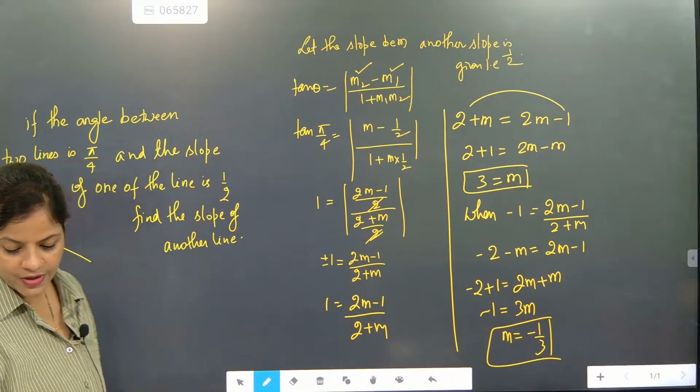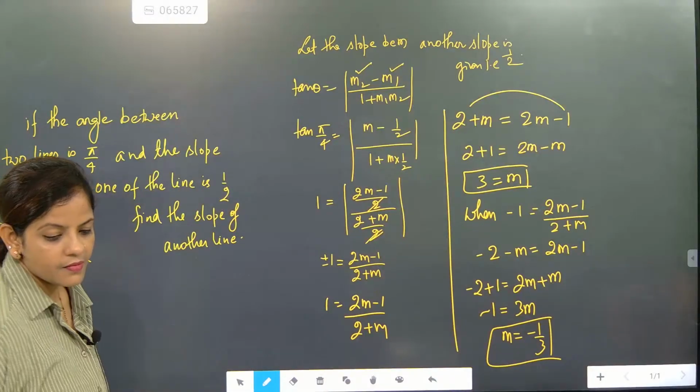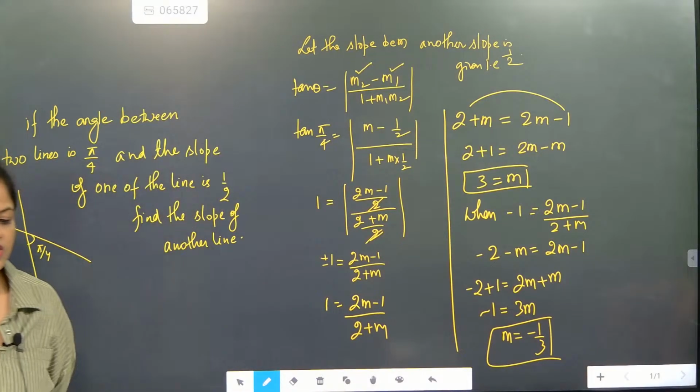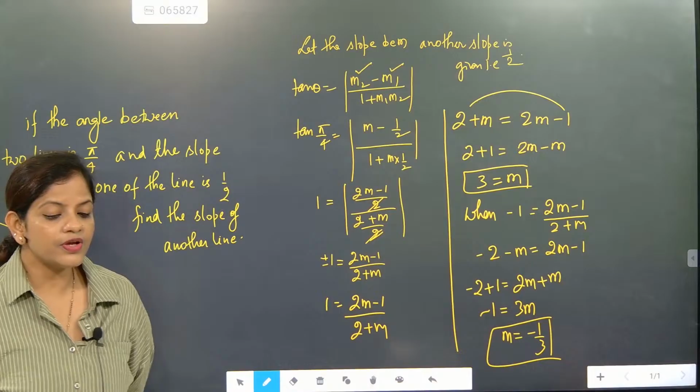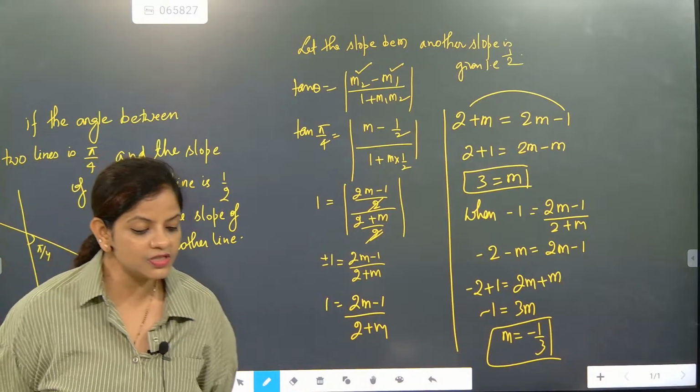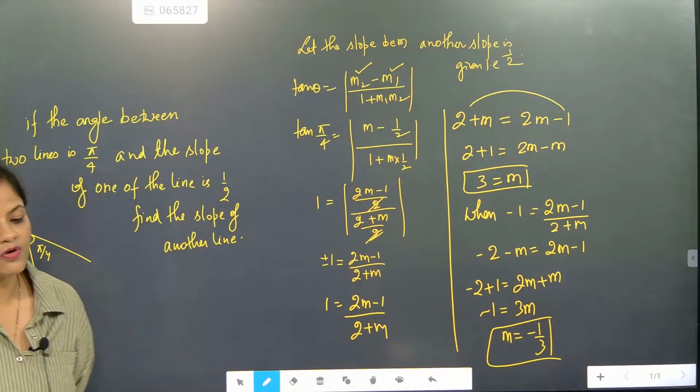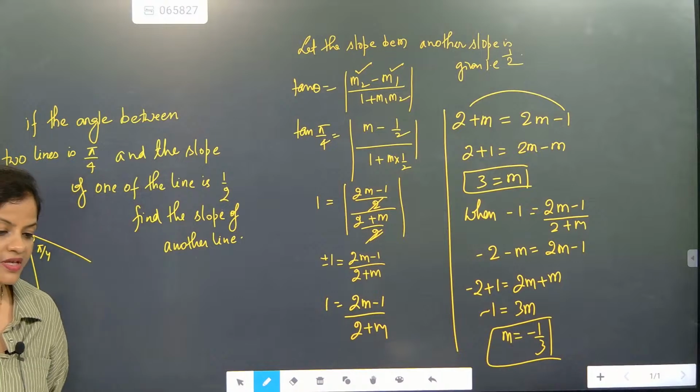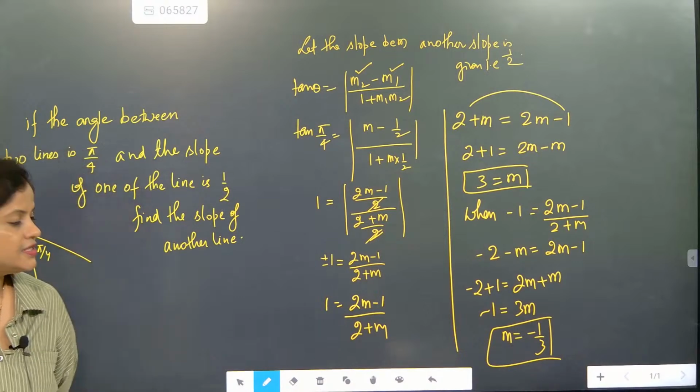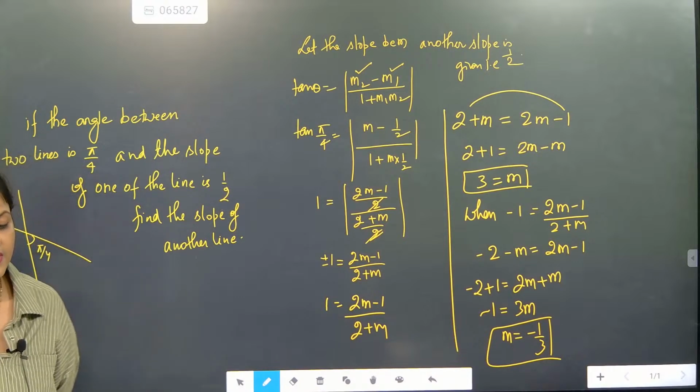Have everybody understood this one? Come on, say. So this is that question from where we can find the slope. One slope is given, and we can very easily get the slope of the other line.